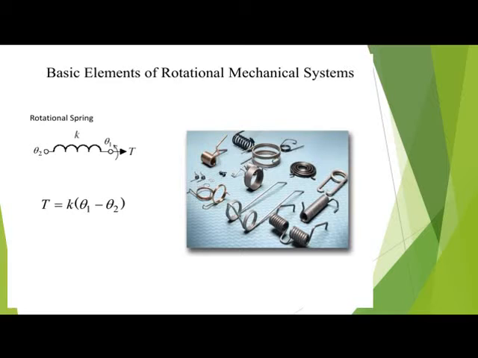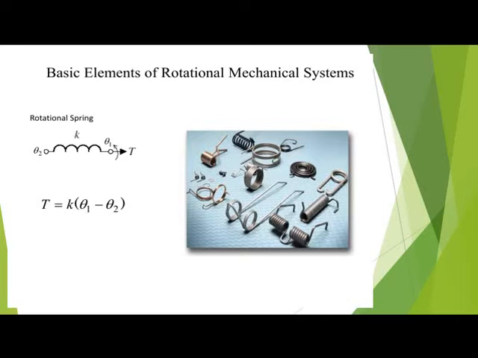Okay, this is another element of the rotational mechanical system, that is the rotational spring or torsional spring. It is given as K, and this is the symbol for the spring. One end is theta 1, the other end is theta 2.